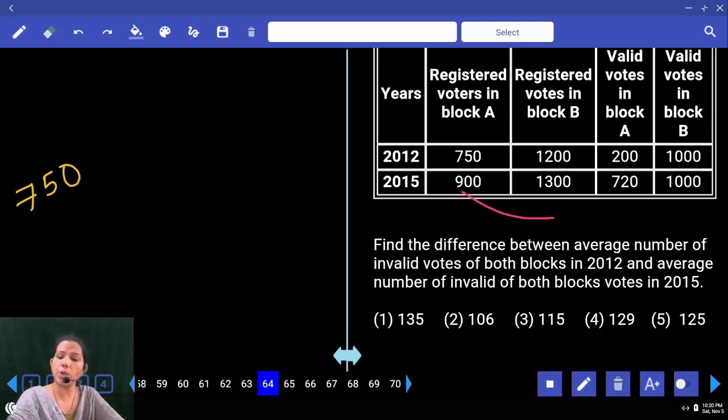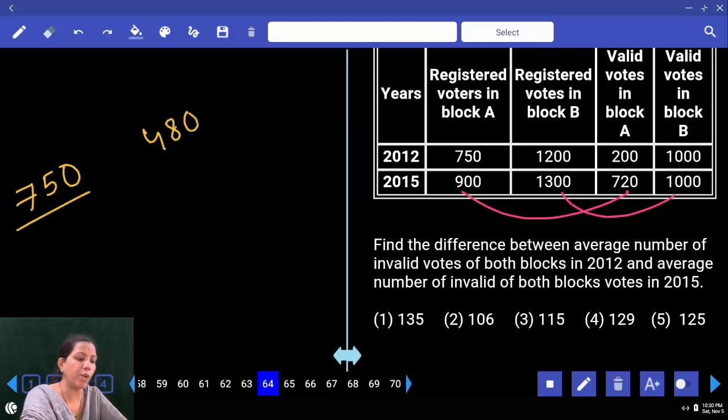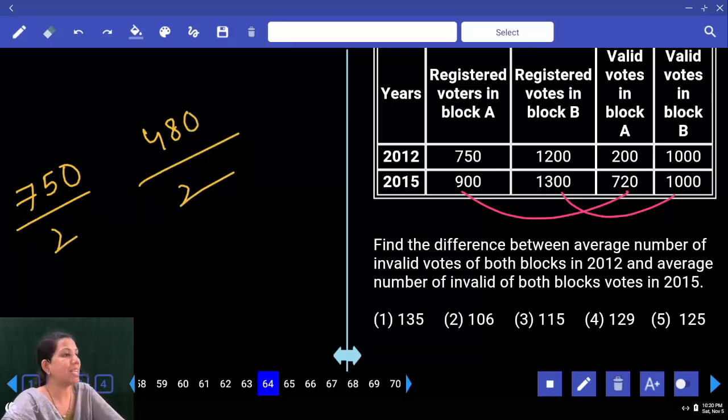Both the blocks in 2012. What is 750 and 200? Already మనం find out చేసాం ఇంతకు ముందు. 550 plus 200 కదా, 550 plus 200 means 750. Already we concluded that the value for 2015 is 480. ఇంతకు ముందు చేసాం మనం. What is 750 minus 480? 270 by 2, 135. First option.